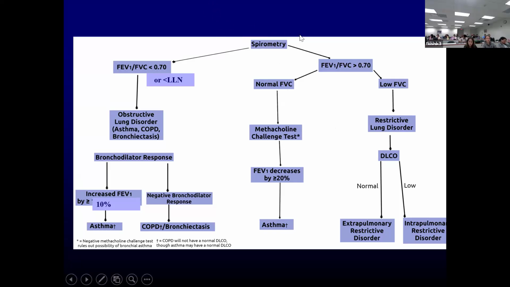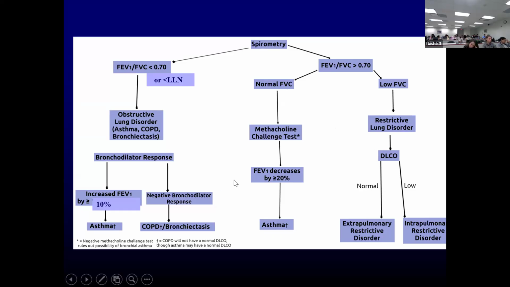Here it is: shortness of breath, normal chest X-ray, spirometry FEV1/FVC is more than 0.70, meaning it's normal. But the patient has a history very suggestive of asthma. I give them methacholine in the lab. They are made to inhale methacholine, a bronchoconstrictor. And we measure the FEV1 again.